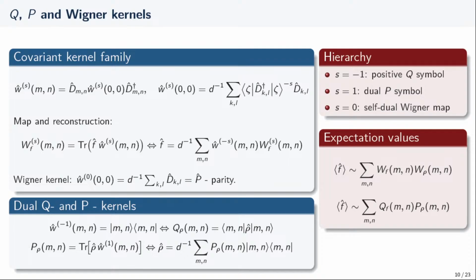So exactly the same construction can be employed in the discrete case. And we can construct basically the same type of maps, in particular the Q, P, and Wigner maps. The difference is that here the parameter S can take only the values 0 and plus or minus 1. It cannot take values like 1/2, for instance. It is forbidden in some sense.